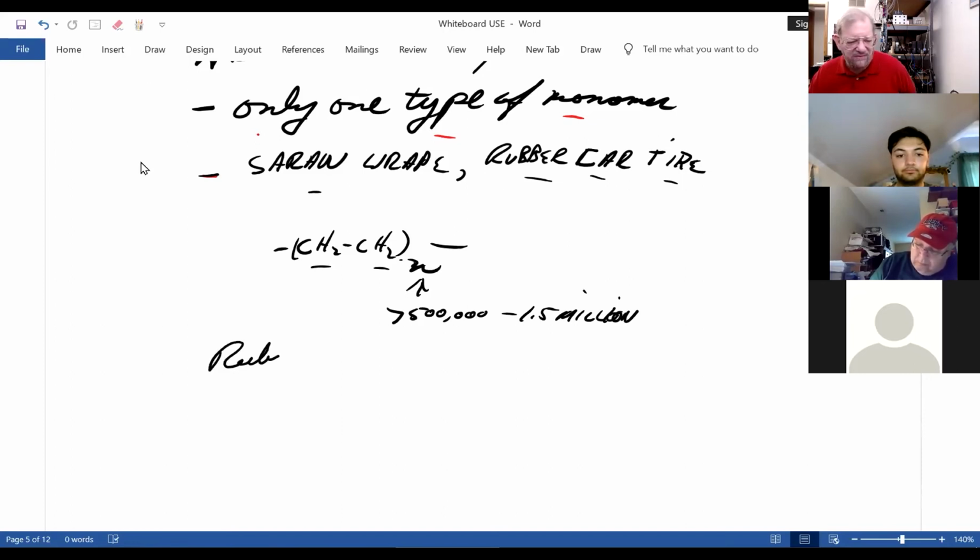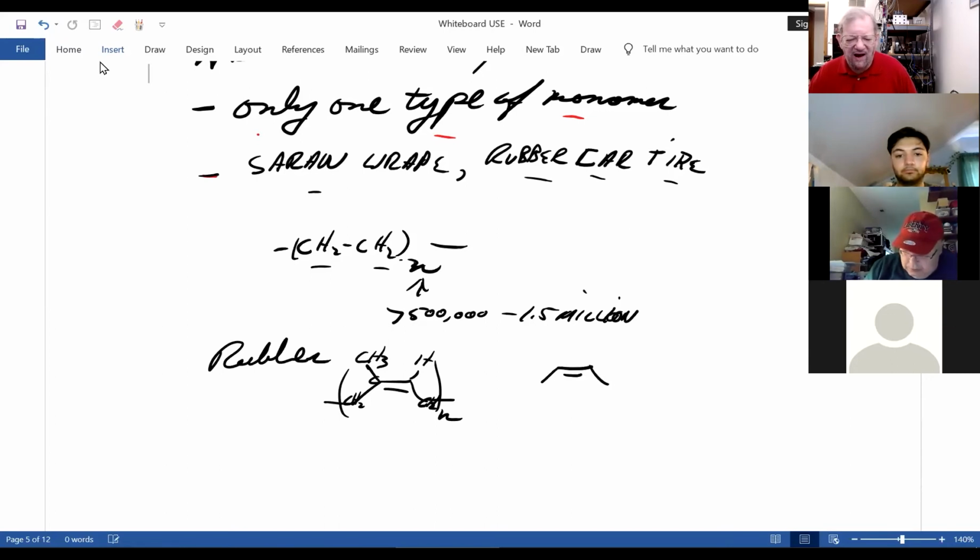Now rubber is this molecule, polyisobutylene, and its monomer, hang on, I wrote it wrong.